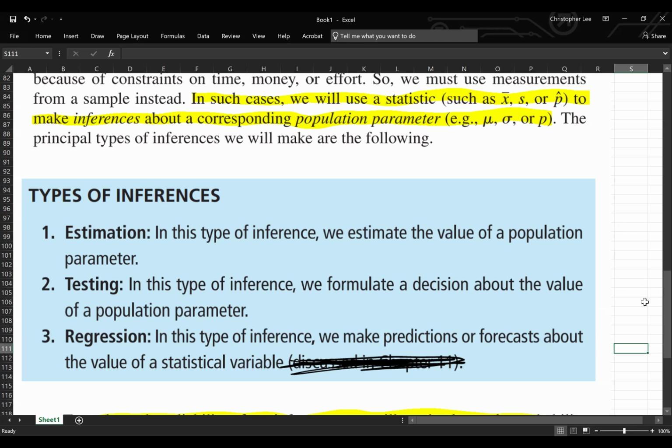So that helps us to make our decisions, right? AKA chapter 9. And a third type of inference is regression. In this type of inference, we make predictions or forecasts about the value of a statistical variable. Now, I scratched this out because this is in chapter 11. We're actually not going to have enough time to get into that. But if you want, after class, right? Like after you guys take the final, you guys can come back and ask about it and we could talk about it.